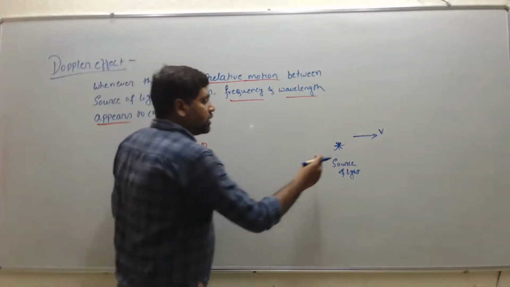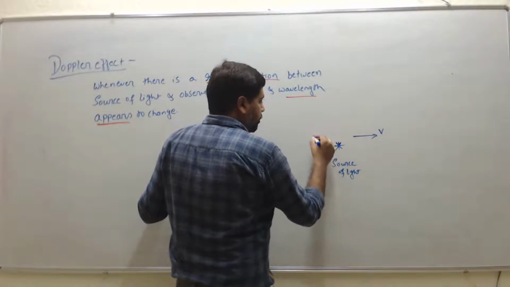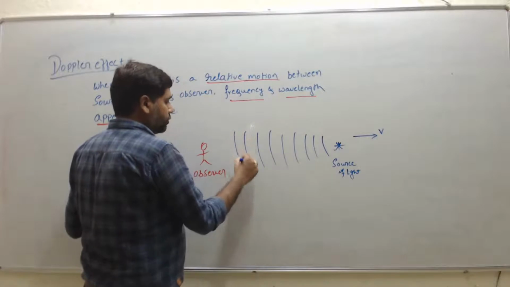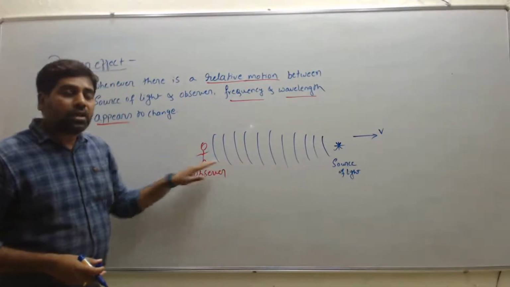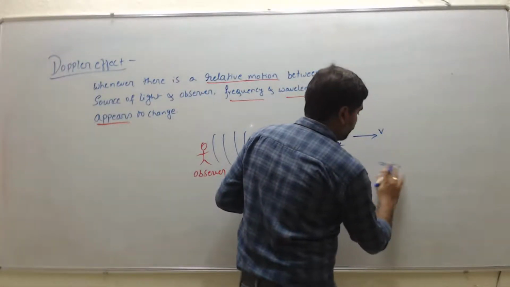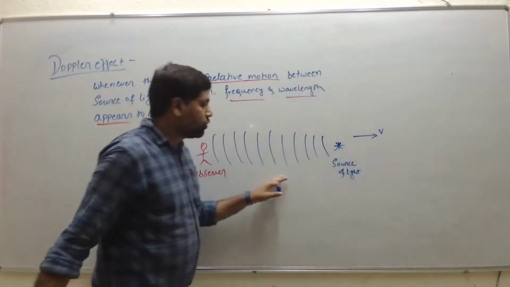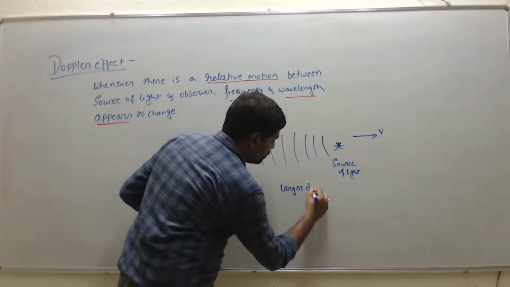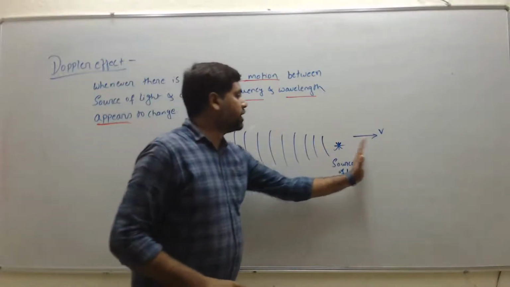Then the wavefronts that are produced by the source of light, if you consider these are the wavefronts, right? So these wavefronts have to travel a larger distance. Imagine this one is moving.